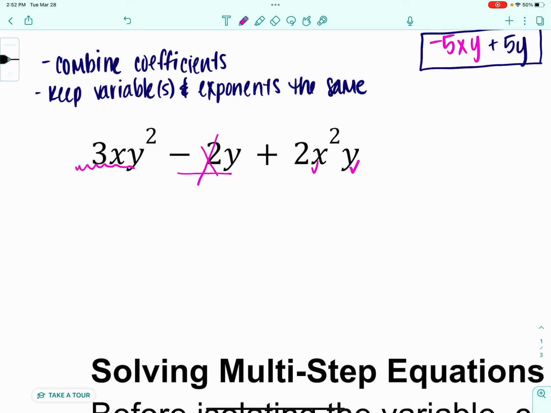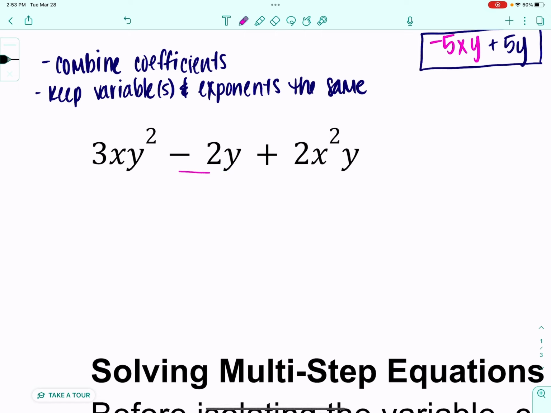When I go check my exponents, there's a little invisible 1 as an exponent on the x. If I look over here, my x has an exponent of 2. So those definitely do not match. So my first term doesn't match anybody.